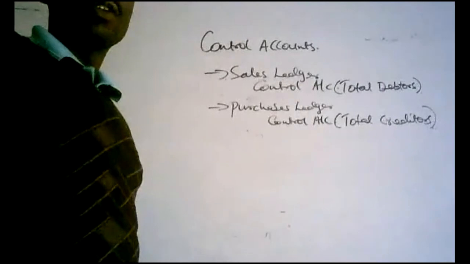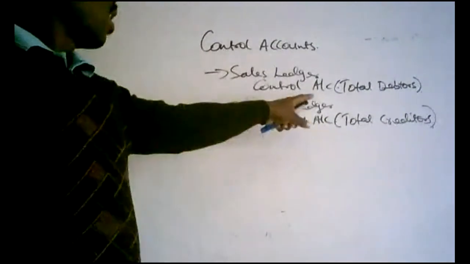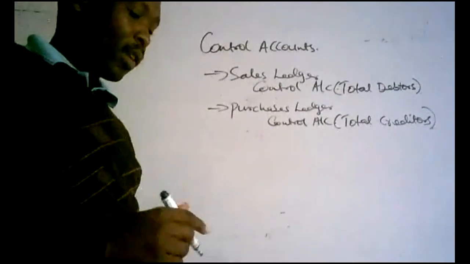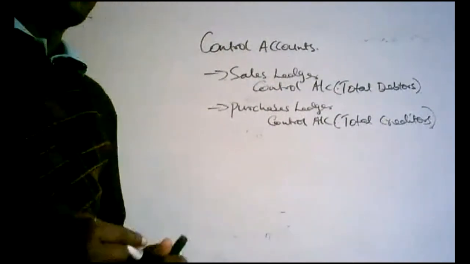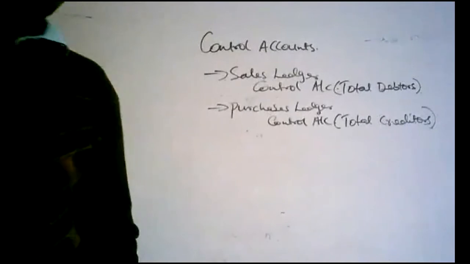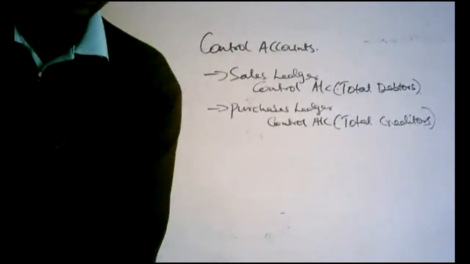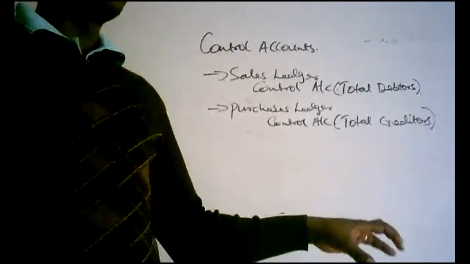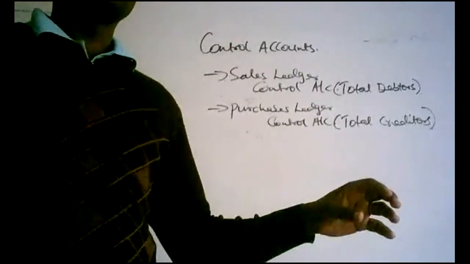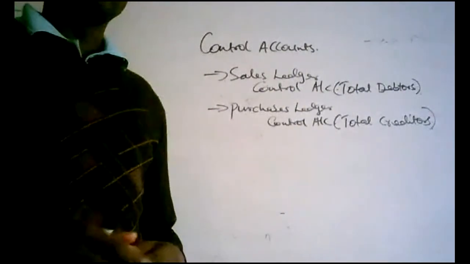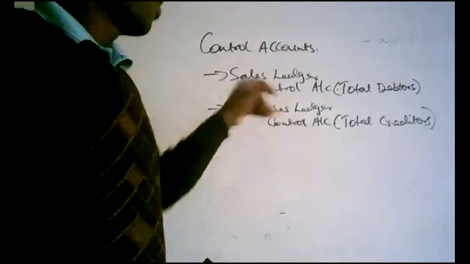So at this point, we need to remind ourselves what a debtor is and what a creditor is. From there, we shall be able to understand what they do and how we prepare them. Because once you know how the debtors accounts are prepared, when the sales occur, when the payment is made, and all that, it shall be very easy for you to prepare the control account.